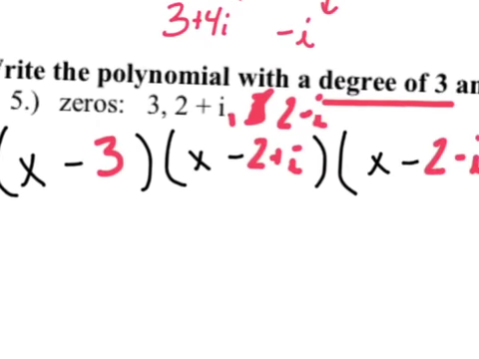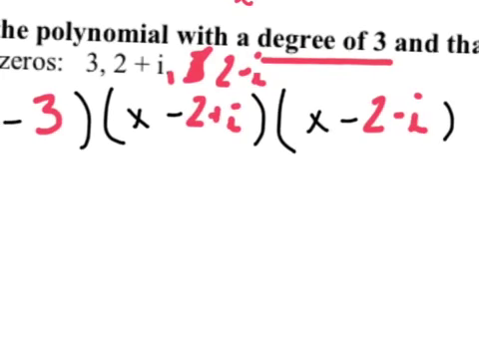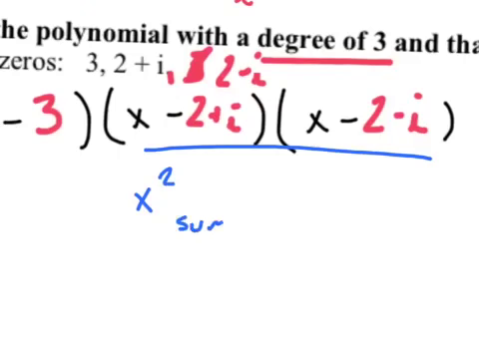I'm going to put together the 2 imaginary ones first. So remember, we're using sums and products. So it's always x squared, then it's the sum step. So it's negative 2 plus negative 2 is negative 4. i minus i would cancel, so it reminds us to put an x. Then we're doing the product step. We're multiplying. So the product step is negative 2 times negative 2.